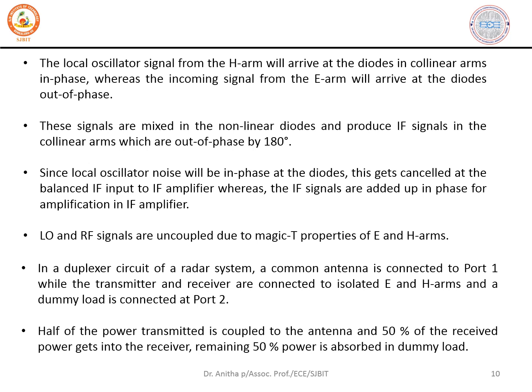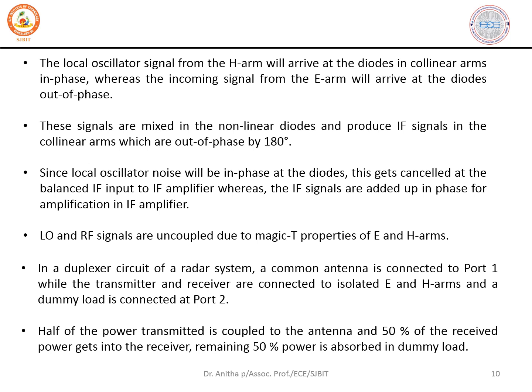The local oscillator signal from the H arm will arrive at the diodes in the collinear arms in phase, with no phase shift, whereas the incoming signal from the E arm will arrive at the diodes out of phase. These two signals are mixed in the nonlinear diodes and produce the intermediate frequency signal in the collinear arms, and these two are out of phase by 180 degrees.